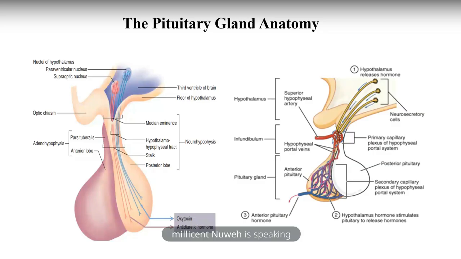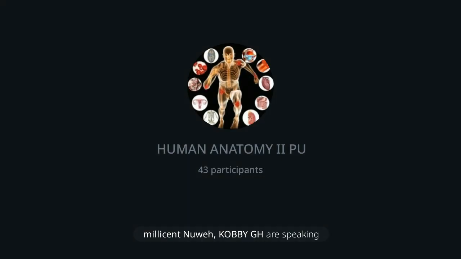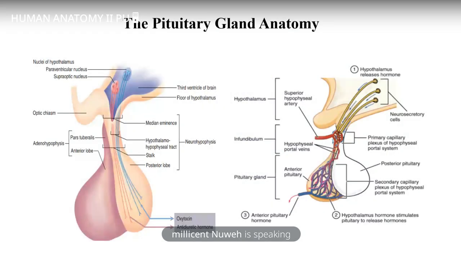Sir, we have the luteinizing hormone, the follicle stimulating hormone, the thyroid stimulating hormone, the adrenocorticotropic hormone, the growth hormone, prolactin, prolactin inhibiting hormone, and melanocyte inhibiting hormone. Yes.